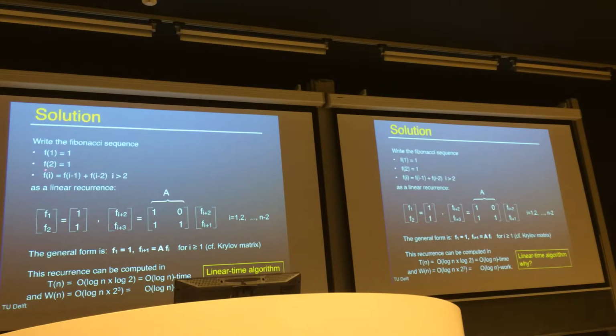Here you have F_i and F_{i-1}, you group them together and then you get a first order matrix linear recurrence.